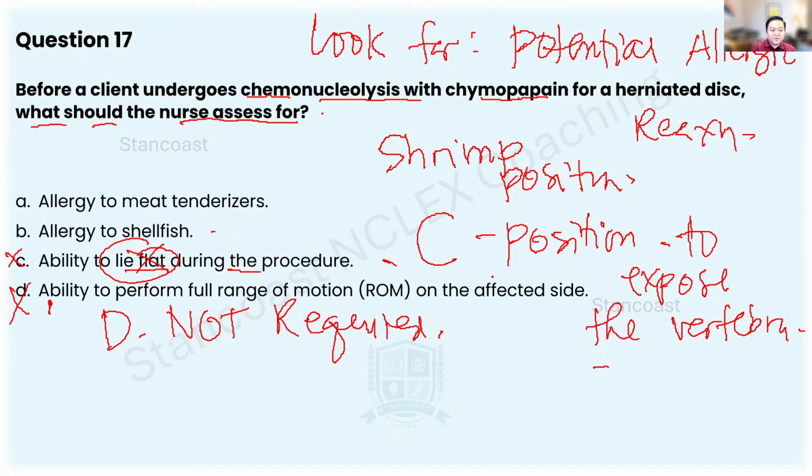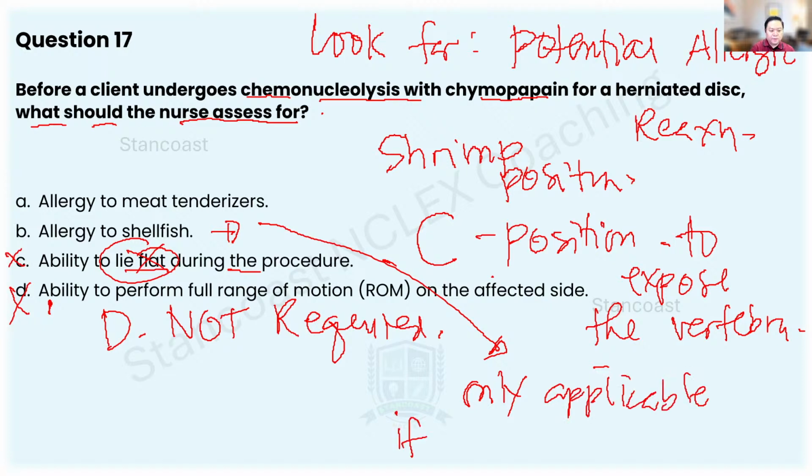Allergy to shellfish is only applicable if the patient will be getting iodine-based dyes. We are not using iodine-based or contrast media in this procedure. No, we're not doing that. And so allergy to shellfish is not something that we should be assessing this time.